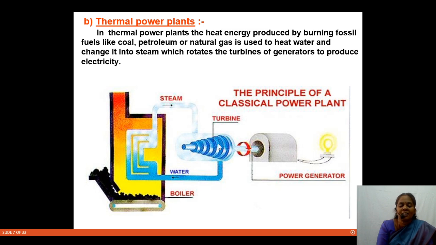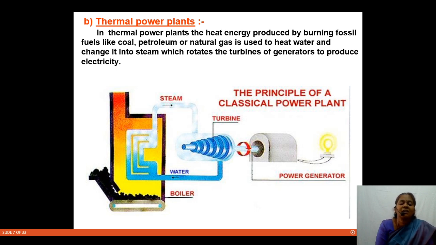The turbine is connected to the generator to generate electricity. So the burning coal produces heat to boil water, high pressure steam comes out from the outlet pipe connected to the turbine, which rotates, and it is connected to the generator for electricity generation.